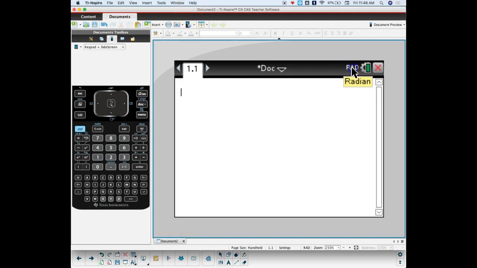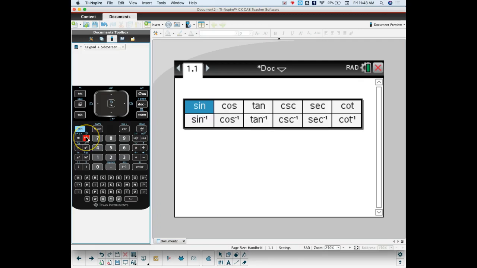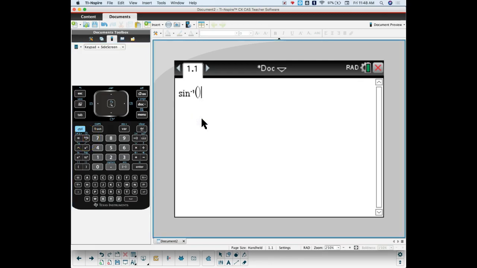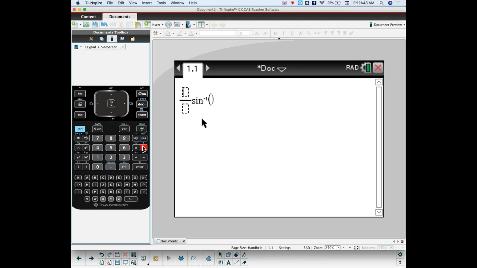My calculator is in radians right now, so that's going to make a big difference. Inverse sine of, just going over here to type it, just easier.